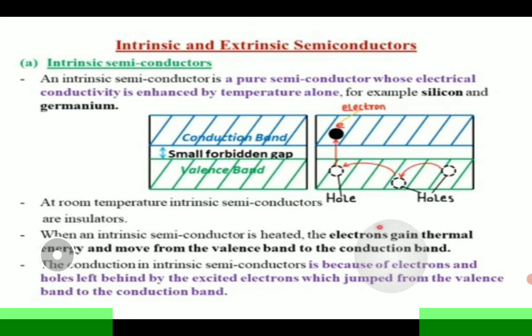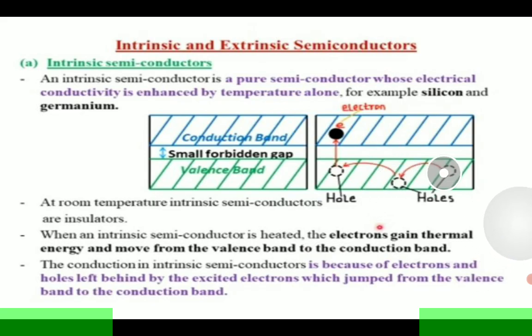So we are saying when an intrinsic semiconductor is heated, the electrons gain thermal energy or heat energy, which essentially also leads to gain in kinetic energy, and they'll move from the valence band to the conduction band. The conduction in intrinsic semiconductors is due to electrons and the holes which are left behind by the excited electrons, which jumped from the valence band to the conduction band.